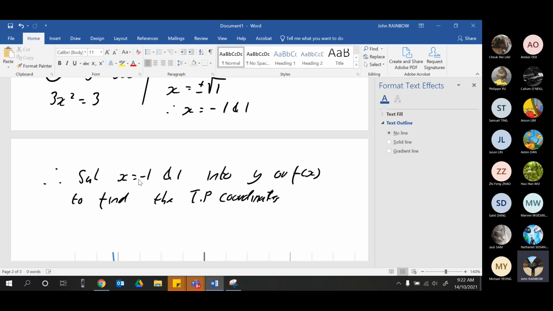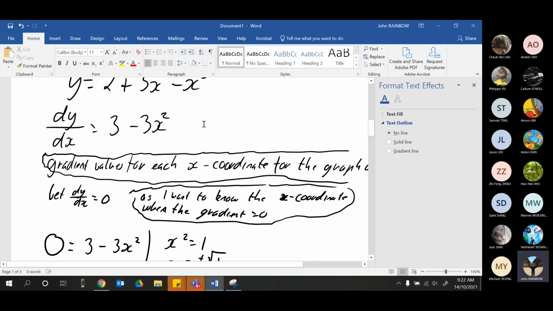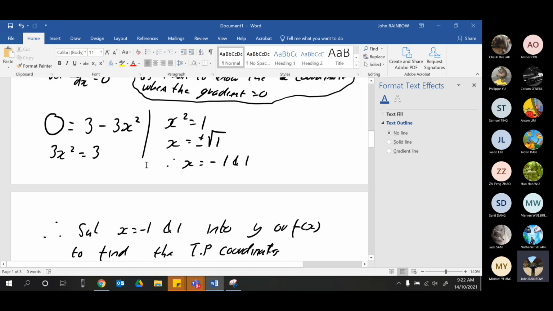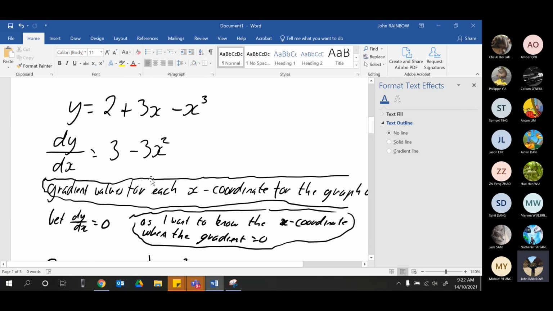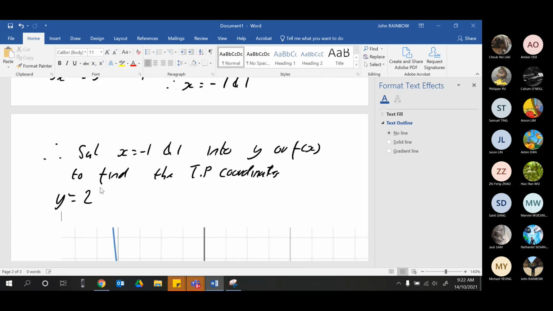Because I know that at these points the gradient's 0, I'm just going to substitute it back into my original graph, which is y equals 2 plus 3x minus x cubed. Okay, so I'm just going to sub in 1.